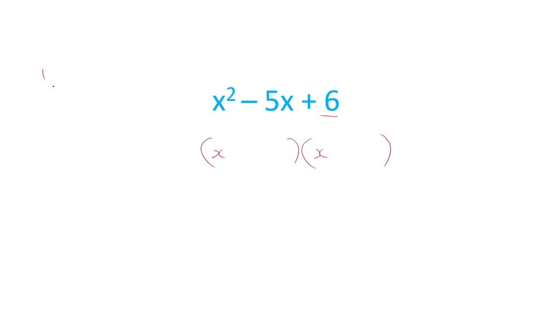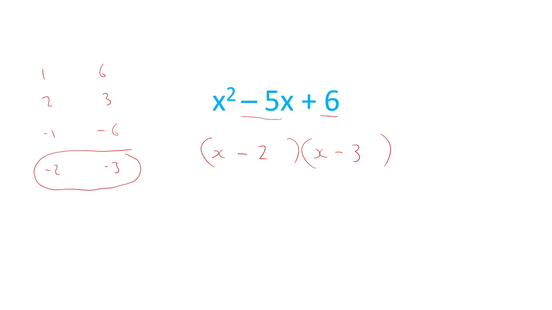So I'll write out 1 and 6, 2 and 3, minus 1, minus 6, minus 2, minus 3. Step 3, which pair of those numbers add to give you negative 5? Of those pairs, the only one that works is the pair of minus 2 and minus 3. So I can write in x minus 2 and x minus 3.